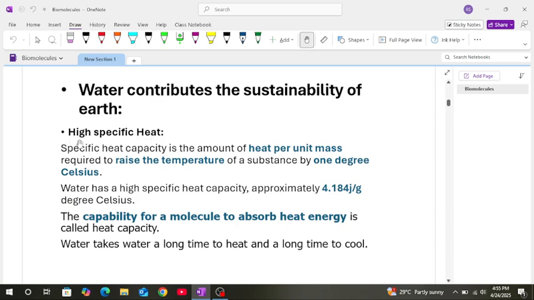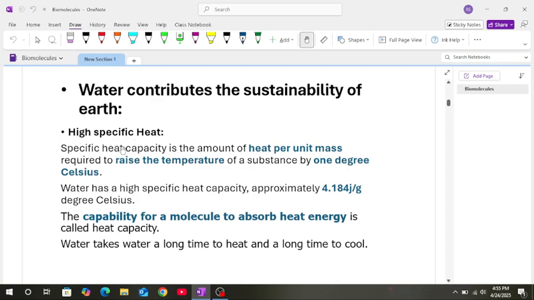And see why we are using this word high, because water requires high energy to raise its temperature. That's why we say that the specific heat is high in water molecules.